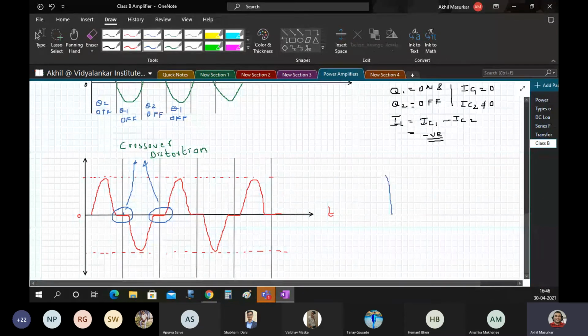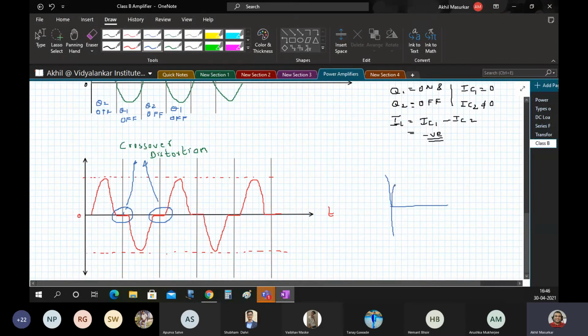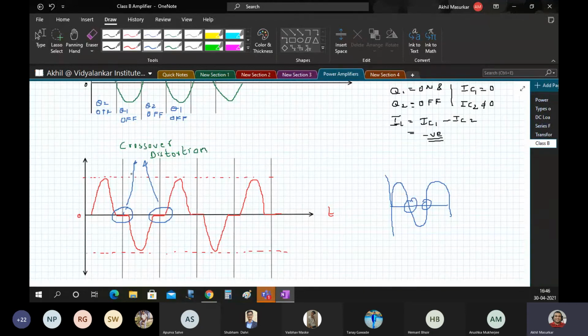So actually I want a very smooth waveform, but at these points there is a flattening of the waveform. So that is why having a Q point perfectly at 0 is of no use. We have to slightly keep the Q point not exactly at 0 but above 0.